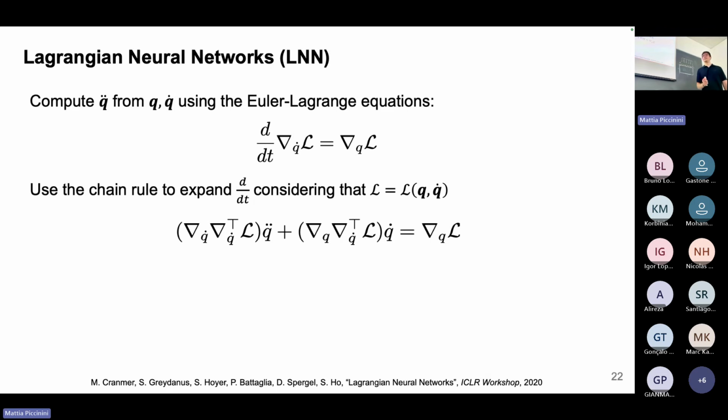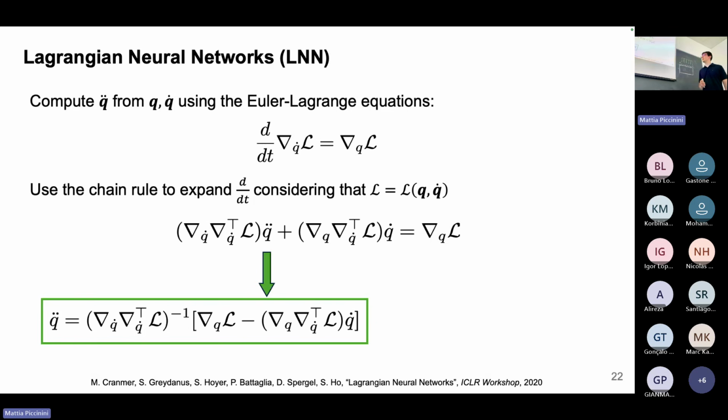right? And from here, we can express q double dot as a function of the Lagrangian, its gradients, q and q dot. And again, L here is a neural network, but q double dot is computed in this physics-based way. The loss function can be on q double dot in this case.